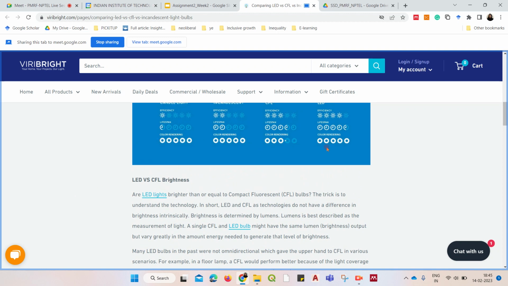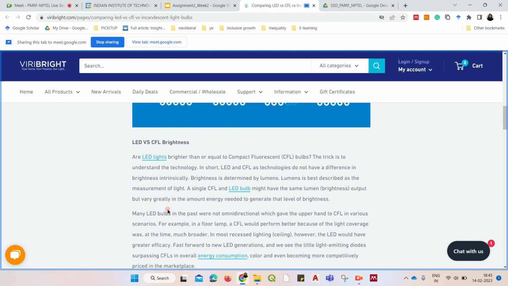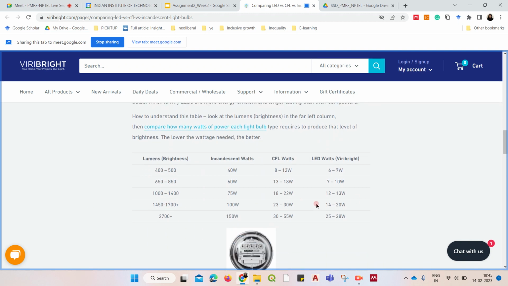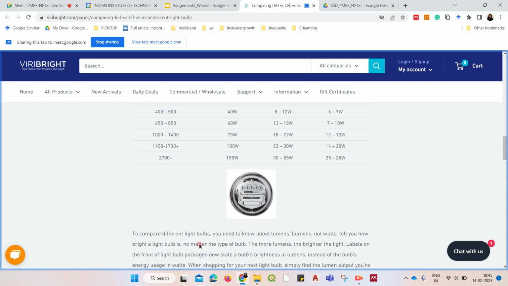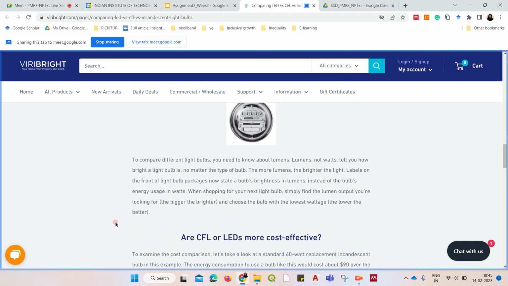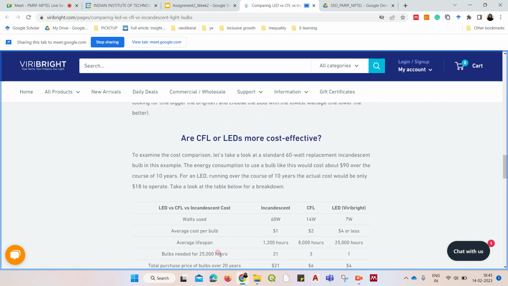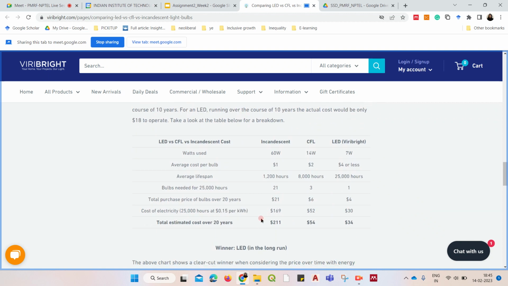There are things like color rendering of different options as well. I showed you what level of brightness and what level of wattage is associated with different lighting fixtures. And then you can even see their calculation of which are more cost effective.